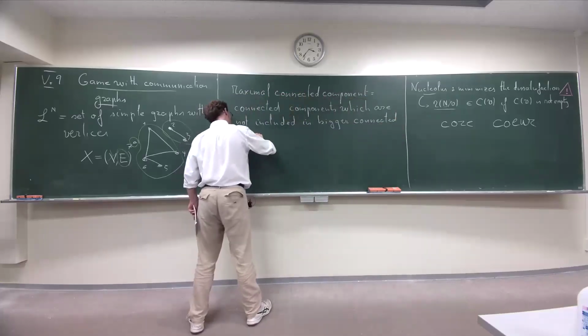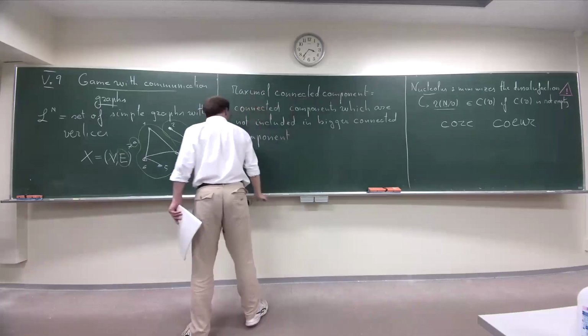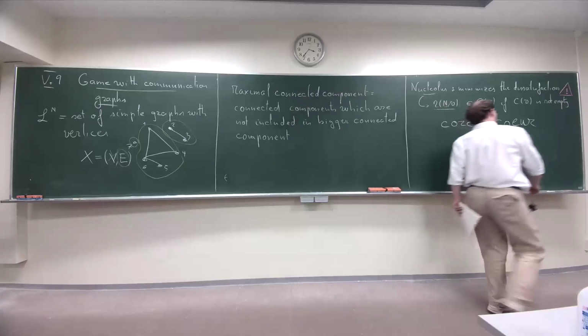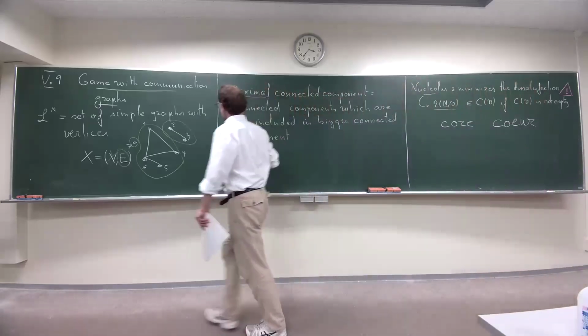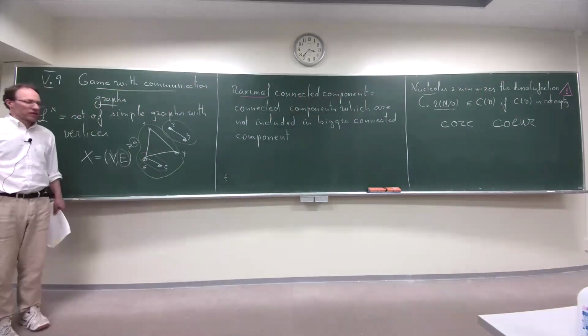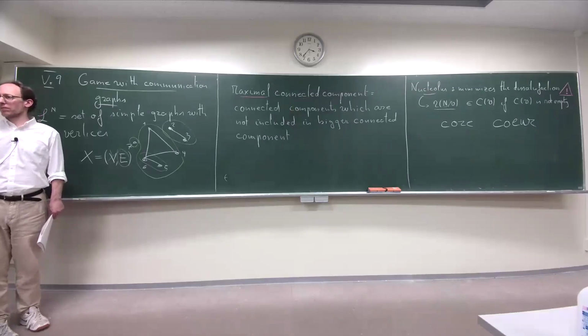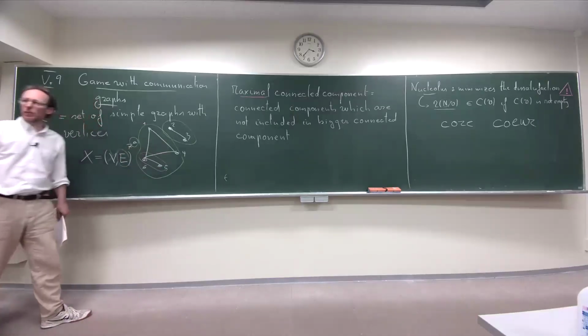So let me explain the difference. I'm just explaining what this word maximal is. For example, this is a connected component. These 2 points are connected. But it's not maximal because it's part of something which is connected, which is bigger.